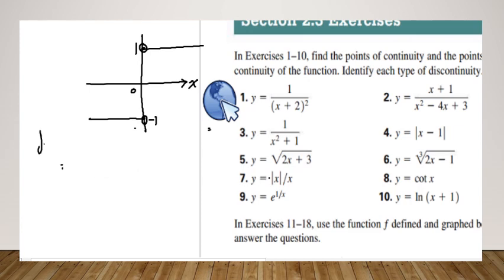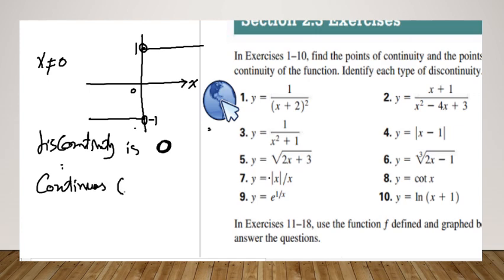So the point of discontinuity is 0, as x cannot be 0, and the function is continuous for all the values from -infinity to infinity except 0. So it cannot be written like this. I should write it as -infinity to 0 union from 0 to infinity. This is for number 7. Let's prepare number 8.